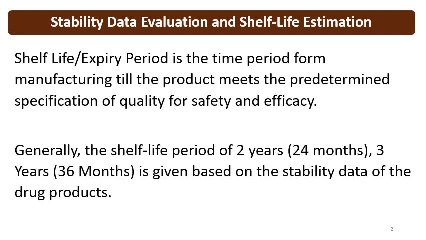Generally, an expiry period or shelf life of 2 years, that is 24 months, to 36 months, that is 3 years, can be assigned for formulations. On the other hand, there is a retest period and expiry period for drug substances or active pharmaceutical ingredients, that is API.